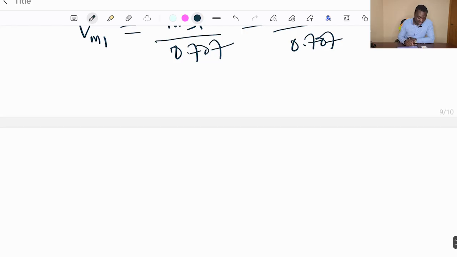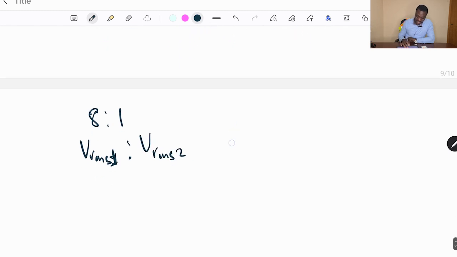If you have a transformer having a ratio of 8:1, that means the root mean square value of V1 is to the root mean square value of V2.